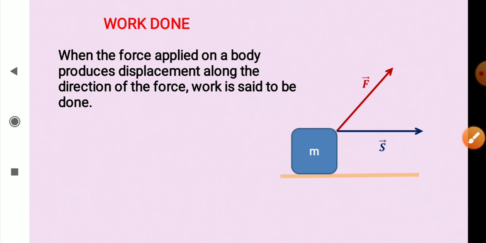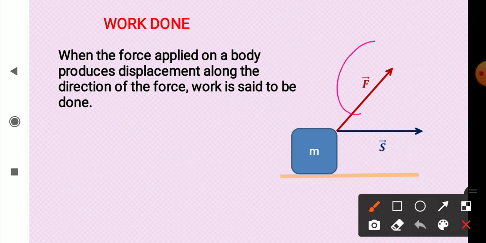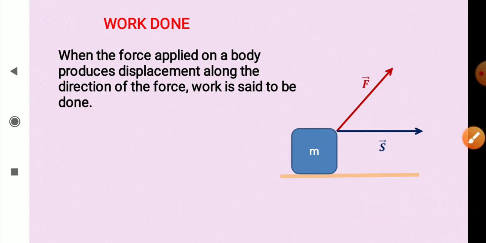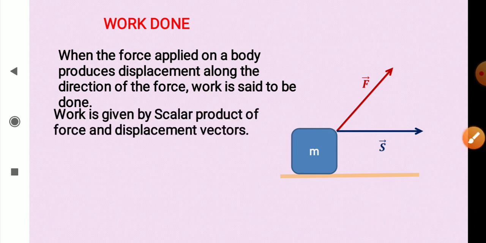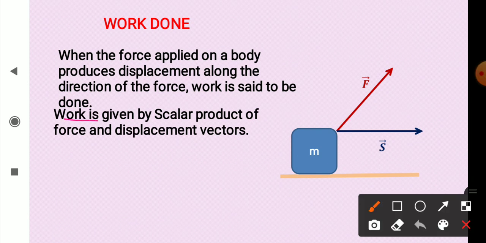But what if the force is not along the direction of displacement? If there is some angle between them, a general case, then the amount of work done is given by the scalar product of force and displacement.